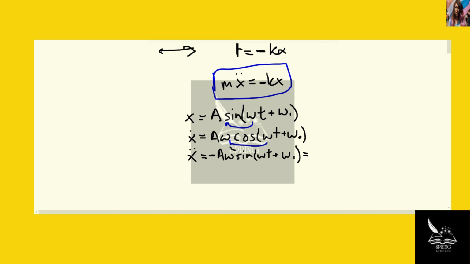What we see here is that this is equal to omega x, and this is equal to minus omega squared x. Actually, the first one is not true at all because we have a cosine, but this one is equal to minus omega squared x.